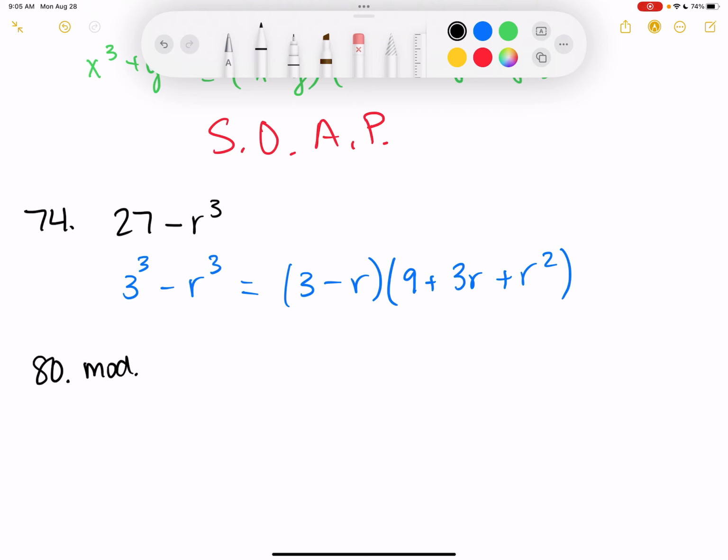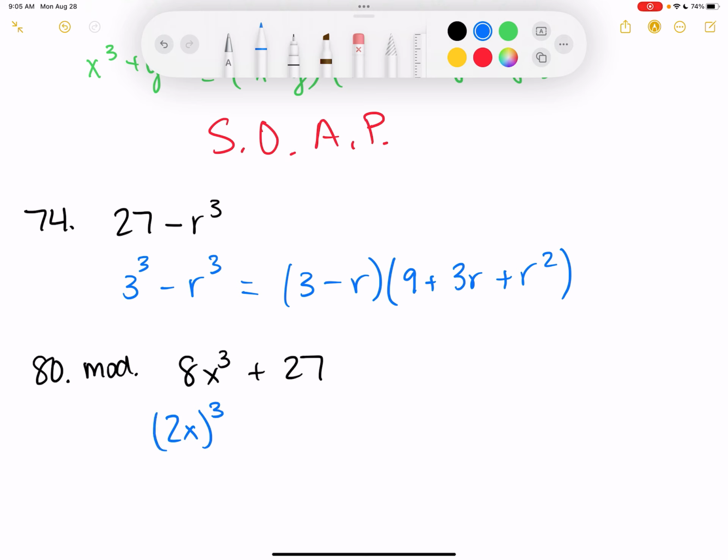That's fine. It's going to be 8x cubed plus 27. So I'm going to rewrite this again. So what cubed is 8? 2. So this is going to be 2x.